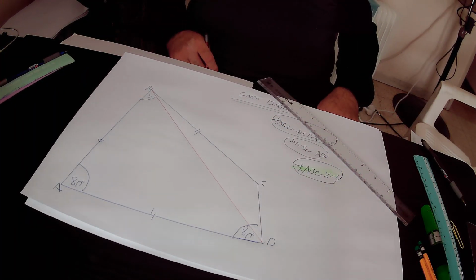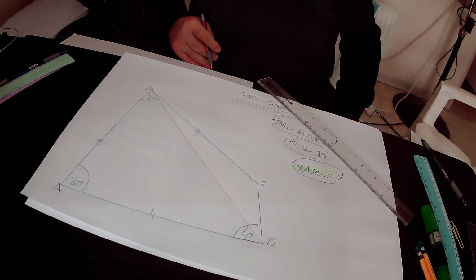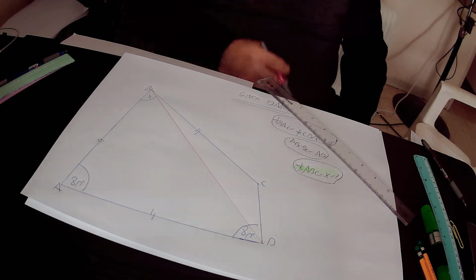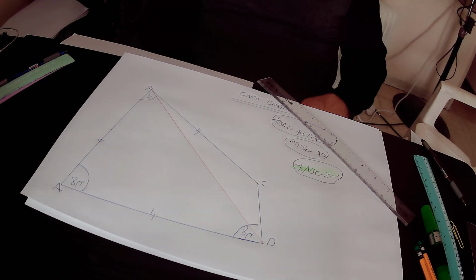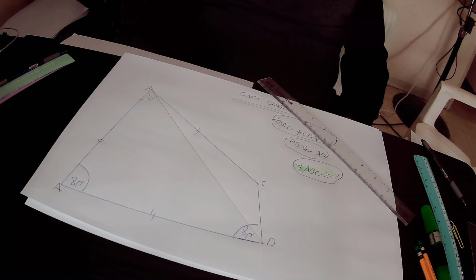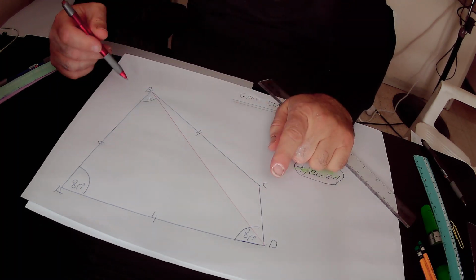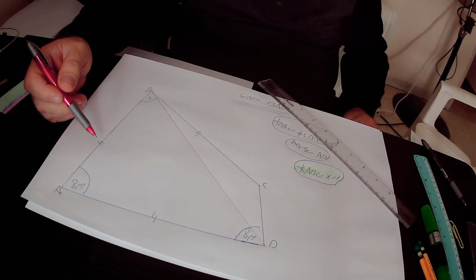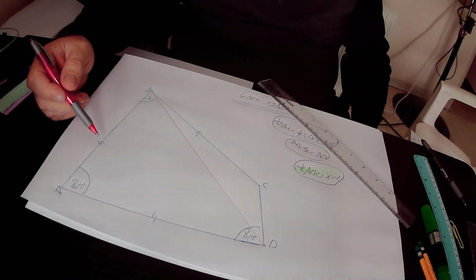By joining points B and D, we get triangle ABD. And in triangle ABD, side AD equals side BA. And we have the rule that opposite equal sides in a triangle there are equal angles.